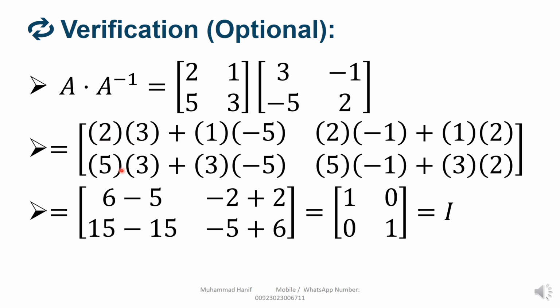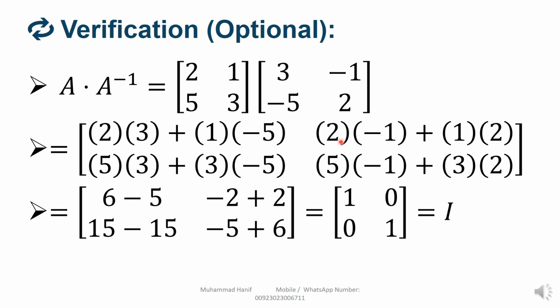2 threes are 6, plus minus minus 1 multiplied by 5, that is 5. Same process: 5 multiplied by 3 is 15, plus minus minus 3 multiplied by 5, 15.